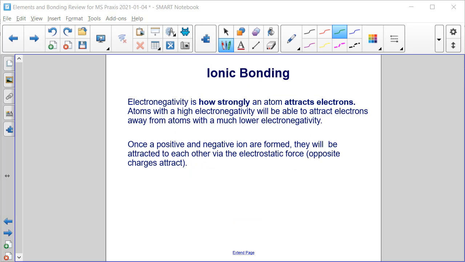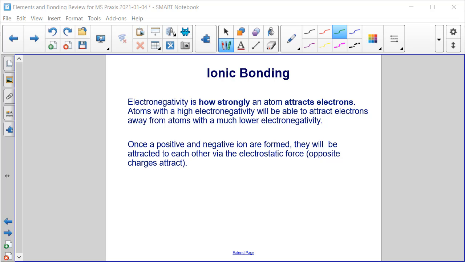All right, so as a reminder, an atom's electronegativity is how strongly that atom attracts electrons from neighboring atoms. So atoms with a high electronegativity will be able to attract electrons away from atoms with a much lower electronegativity. That's how we form ions.